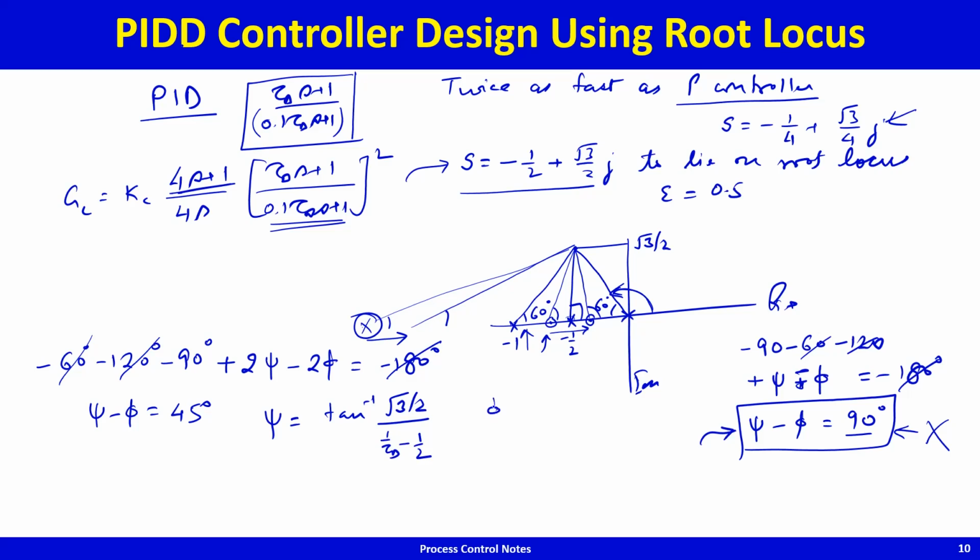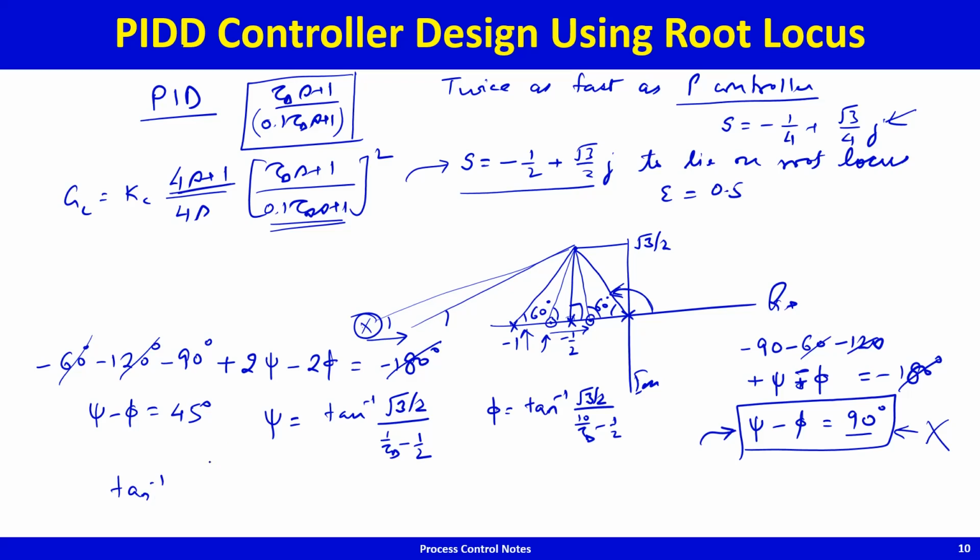And phi is going to be tan inverse of square root 3 by 2 divided by 10 by tau d minus half.